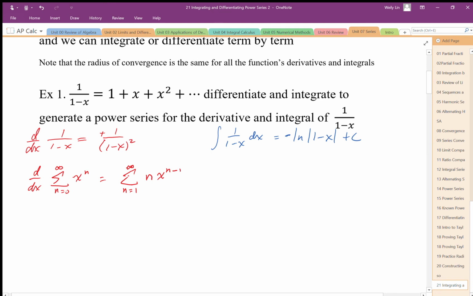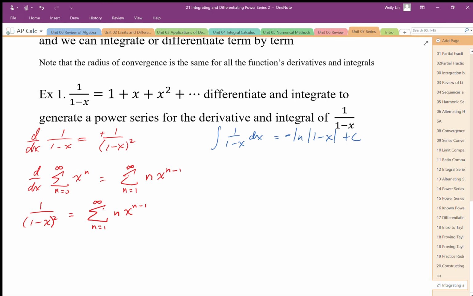So we can actually say this: 1 over 1 minus x squared is equivalent to this infinite series. So we can use this series to approximate values of that 1 over 1 minus x squared function.